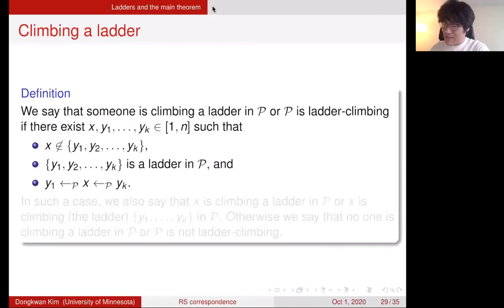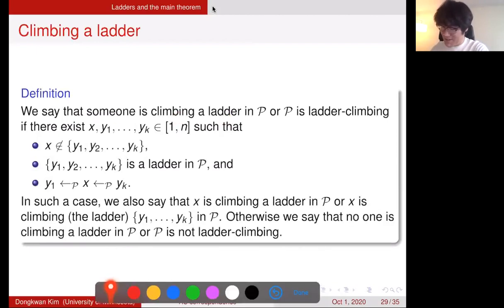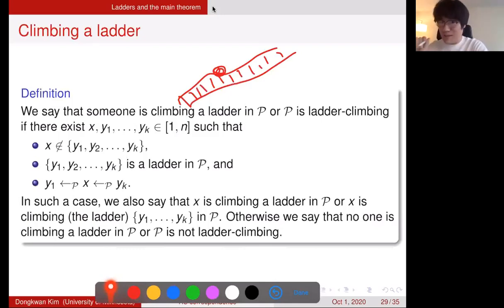We say that someone is climbing a ladder. It's not just starting or ending, it's really climbing. It's in between, in the middle of the ladder.